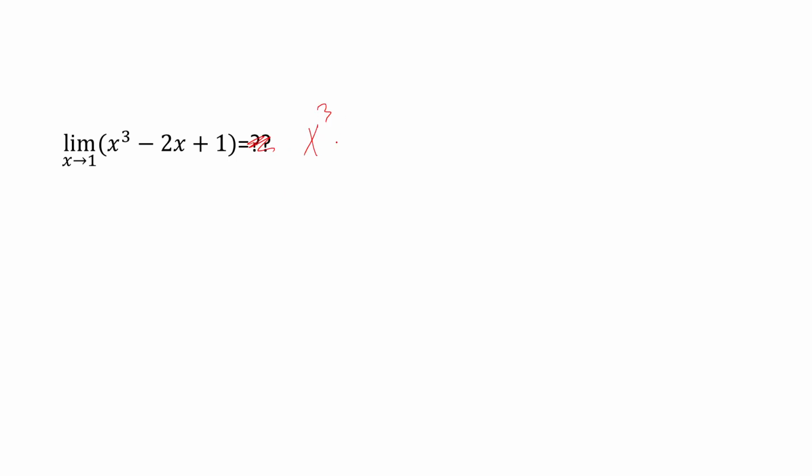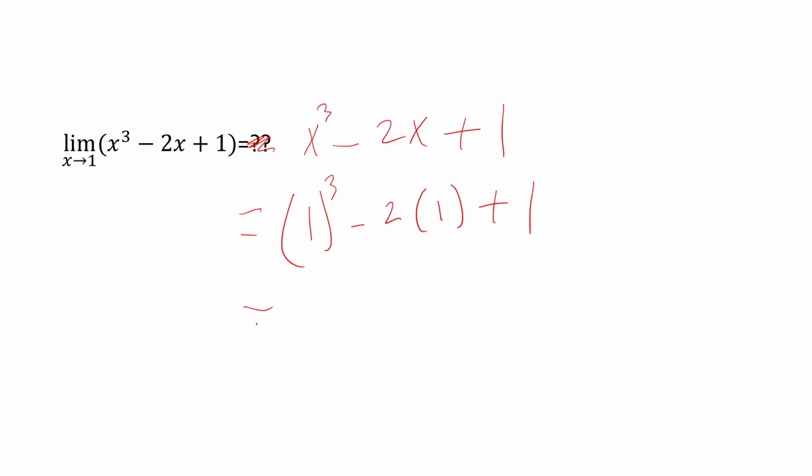Just write out the quantity x cubed minus 2 times x plus 1. Now I'm just going to replace x with 1: 1 minus 2 times 1 plus 1. 1 cubed is just 1 minus 2 times 1 is just minus 2 plus 1. 1 minus 2 is minus 1 plus 1 is 0.